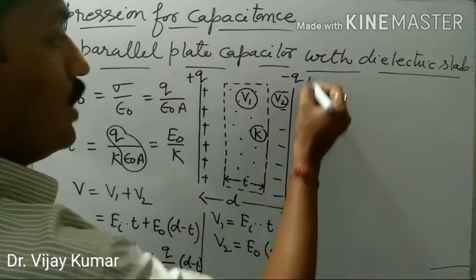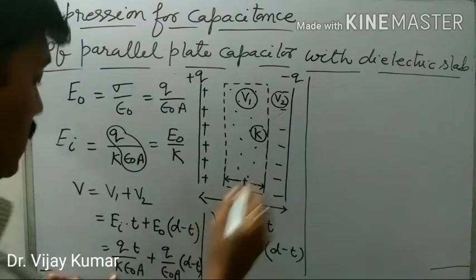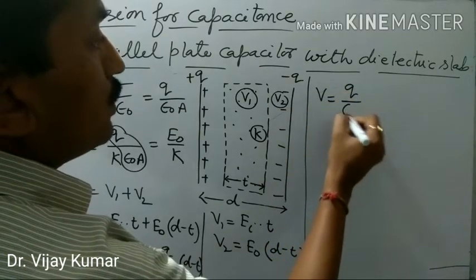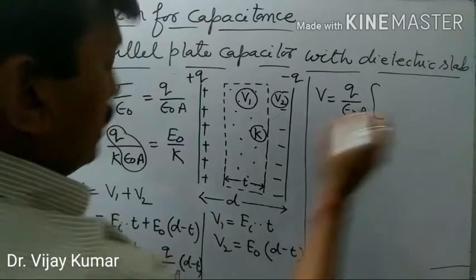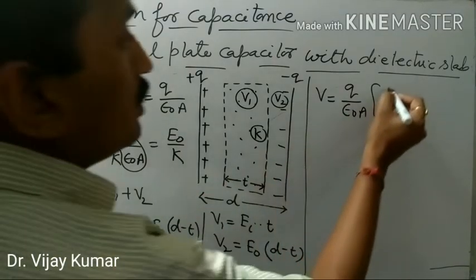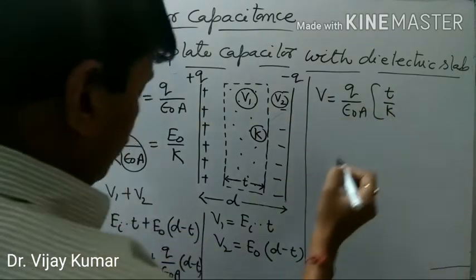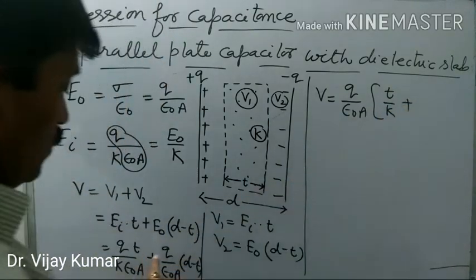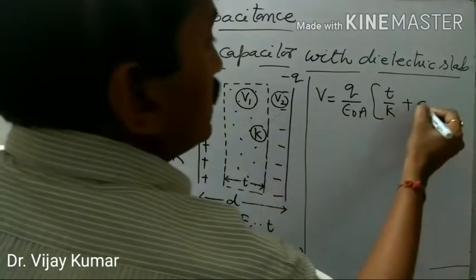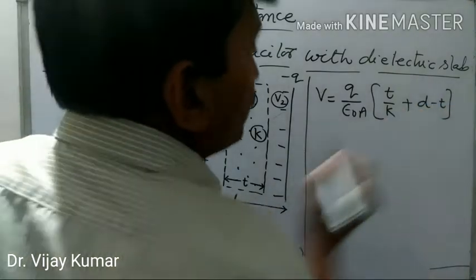Now we can take Q upon epsilon naught A common, and V is equal to Q upon epsilon naught A times (T upon K plus D minus T).